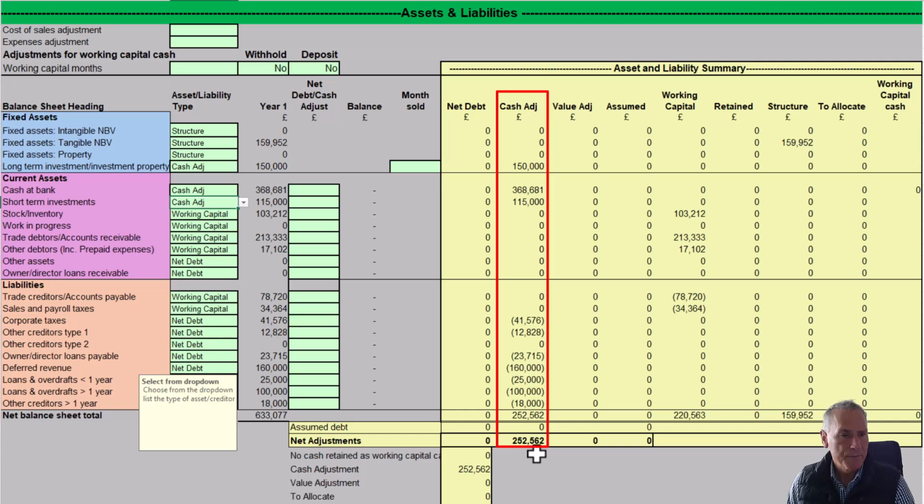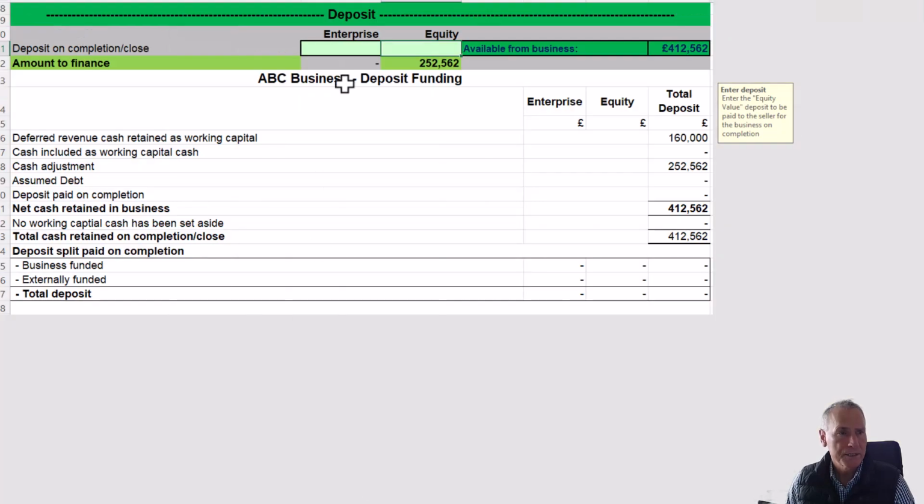What that's now done is transferred that amount of money to the deposit worksheet. So this amount here, the 252,562 amount to finance, is a deposit amount, but it's not coming out of your pocket. It's coming out of the business to effectively pay for itself. And by paying it as a deposit as part of the total sale proceeds of that business, the seller is not paying it as a pre-sale dividend.